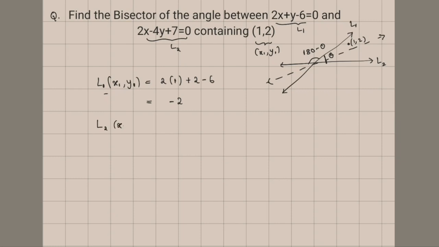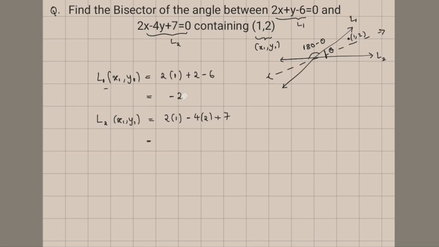L2 of x1, y1 is 2 into 1 minus 4 into 2 plus 7. I just substituted (1, 2) in both equations. So 2 minus 8 plus 7, which is nothing but 1.